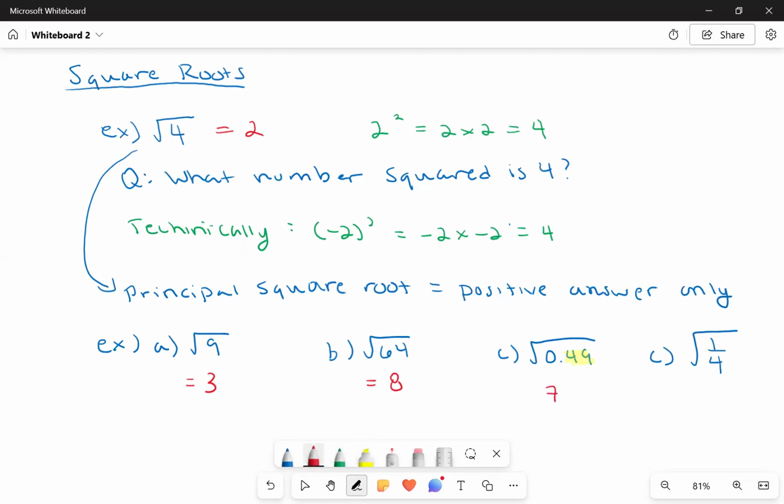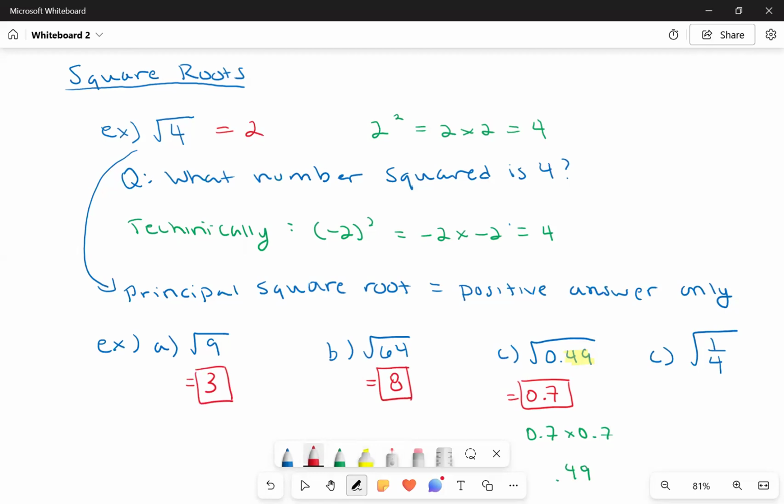And since there's a decimal, we have to think about it. 0.7 actually does work, because 0.7 times 0.7, when we multiply two decimals, we count how many numbers are behind the decimal. So there are 2 numbers behind the decimal, and then 7 times 7 is 49. Then we need to make sure there are 2 numbers behind the decimal in the answer, so we put our decimal in front of the 49. So 0.7 is in fact the answer for the square root of 0.49.